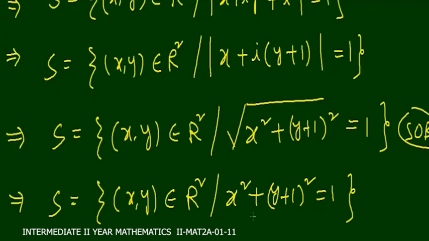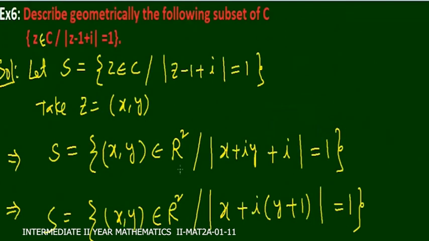So it is an equation of a circle with center 0, minus 1. And let us see, z minus 1 is there. We missed this minus 1.